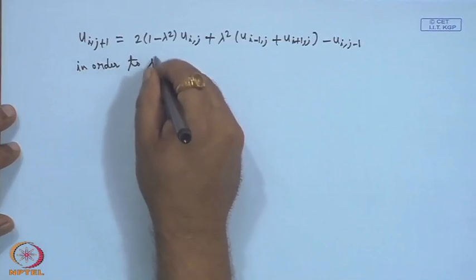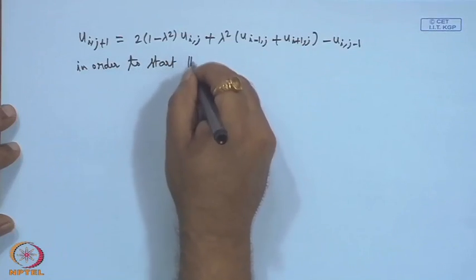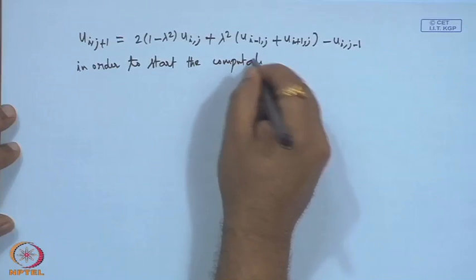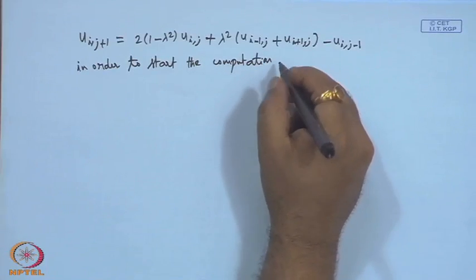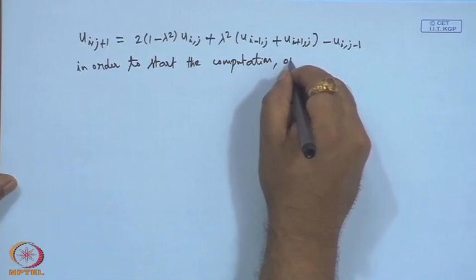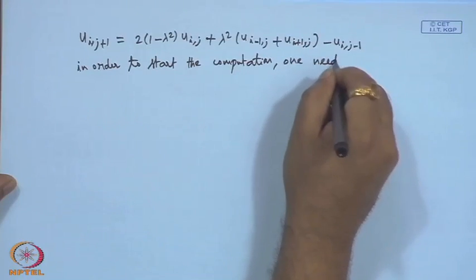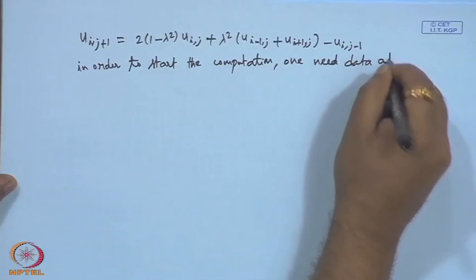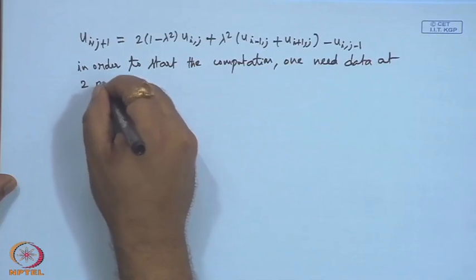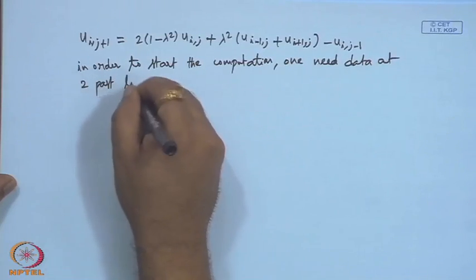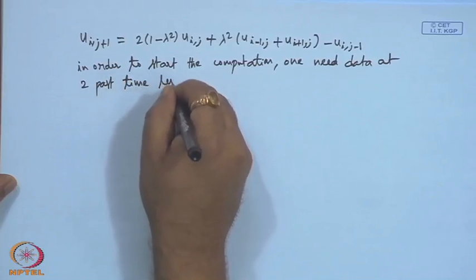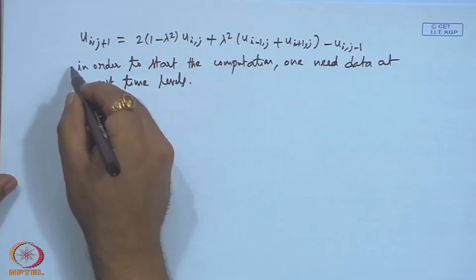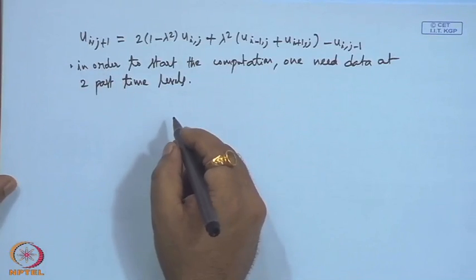In order to start the computation, one needs data at two past time levels.